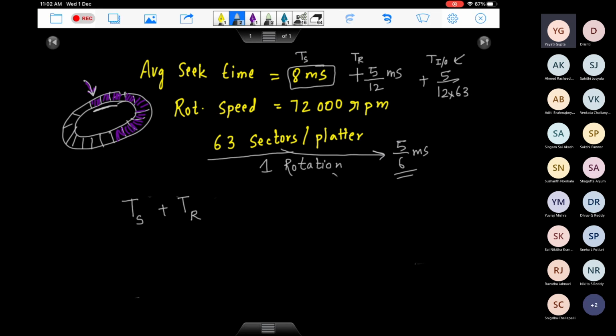You do a read write here, do a read write here, so on and so forth. You do all the read writes. This was the input and output time for doing an input or output to just one sector. Now we have to do it to 10 sectors. So this time was for one sector, you need it for 10 sectors. So you multiply a 10 here.